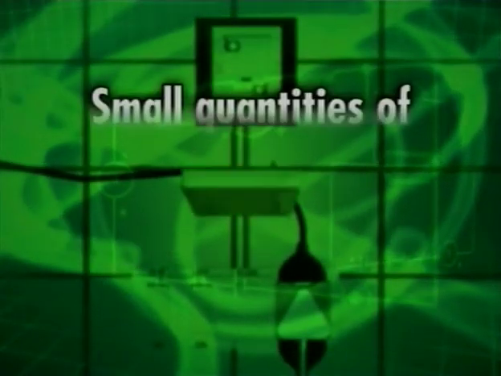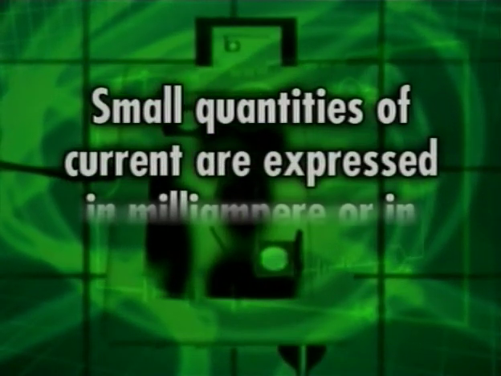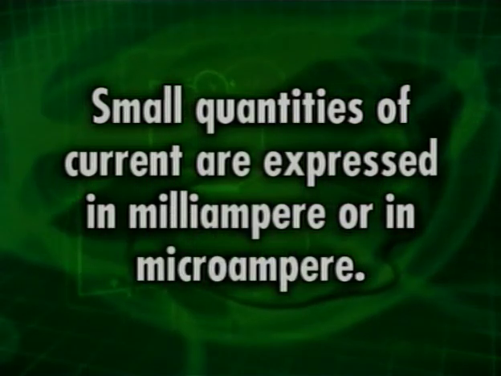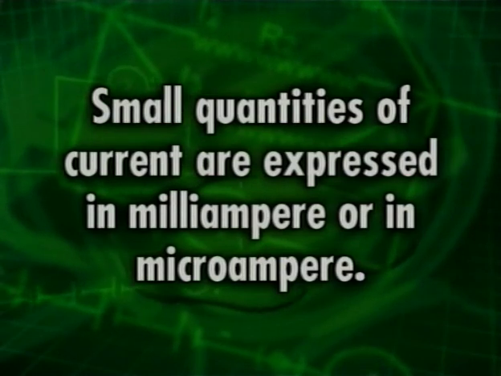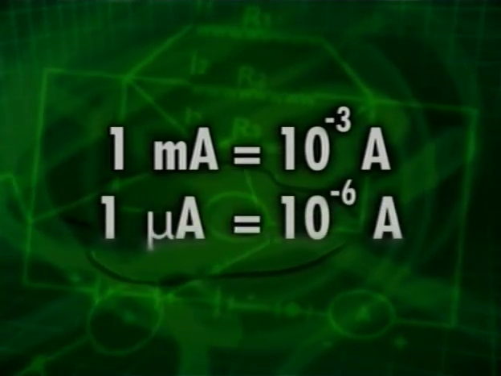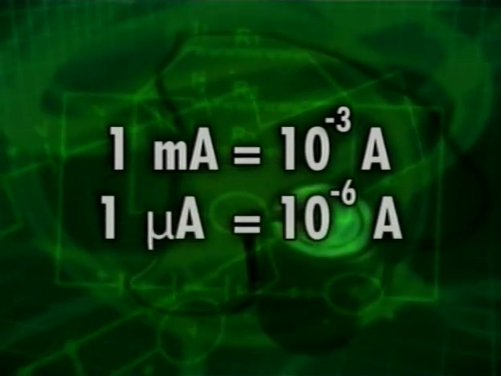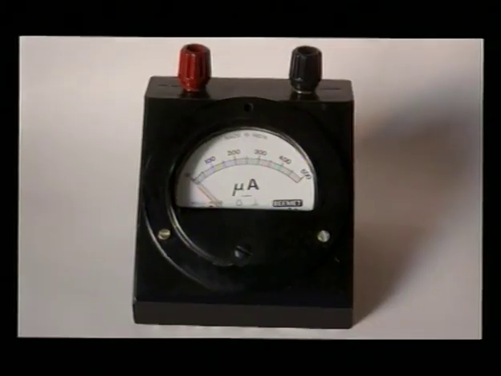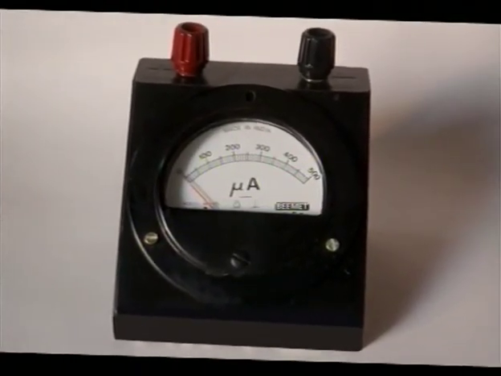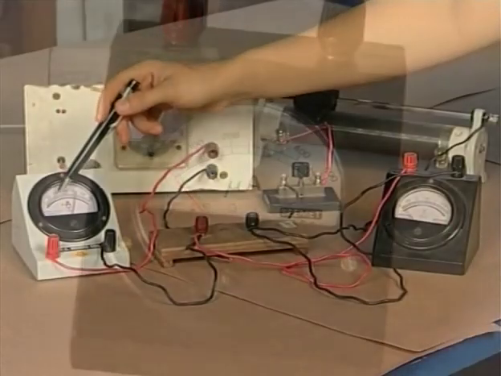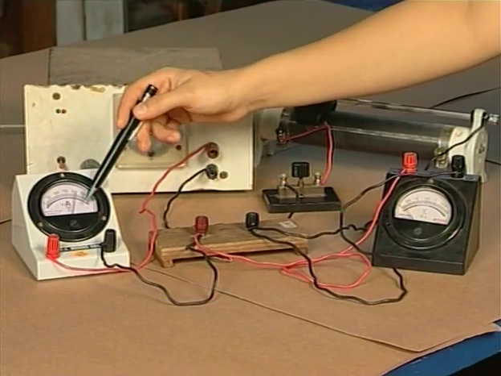Small quantities of current are expressed in milliampere or in microampere. 1 milliampere is equal to 10 raised to minus 3 ampere and 1 microampere is equal to 10 raised to minus 6 ampere. An ammeter is an instrument used to measure an electric current and it is connected in series in a circuit.